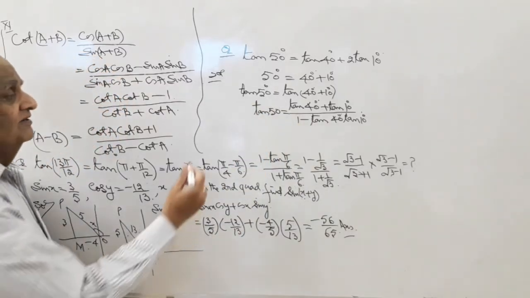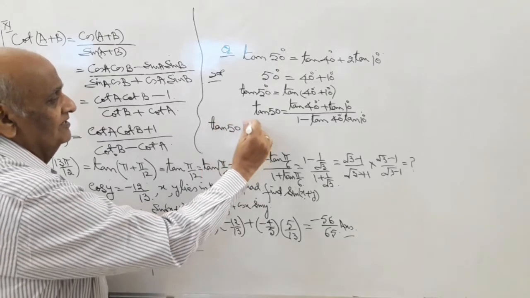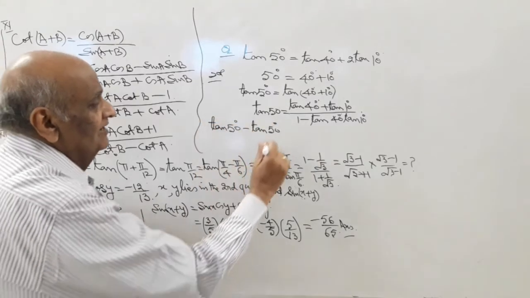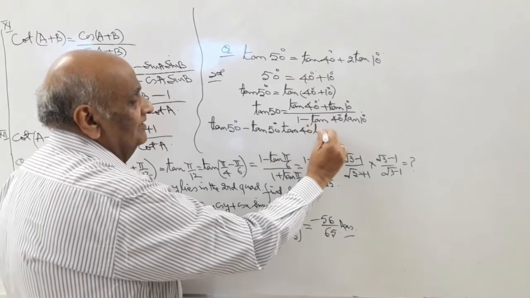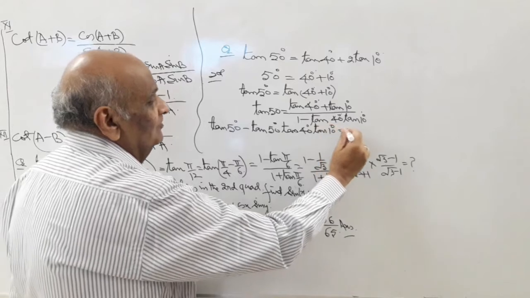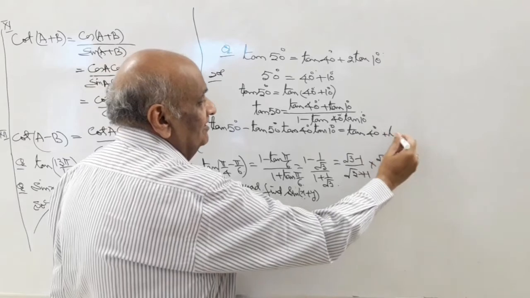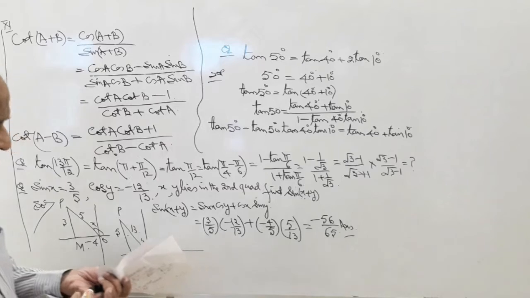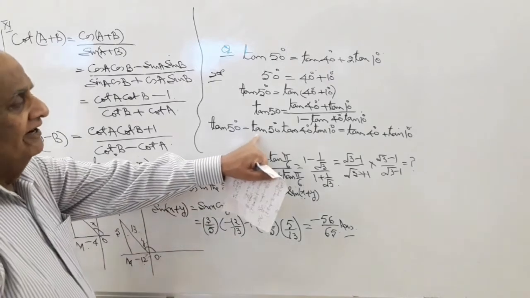Now cross multiply. Tangent of 50 minus tangent of 50 tangent of 40 tangent of 10 is equal to tangent of 40 plus tangent of 10. Here is the formula once again, tangent of A plus B. Now you see, this term is not required in the answer.